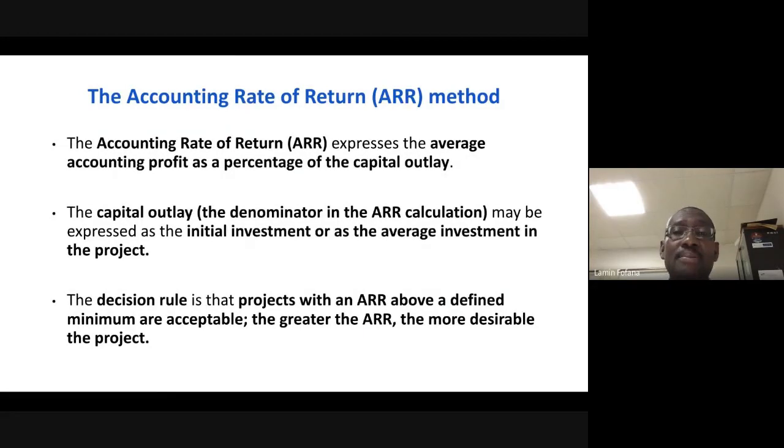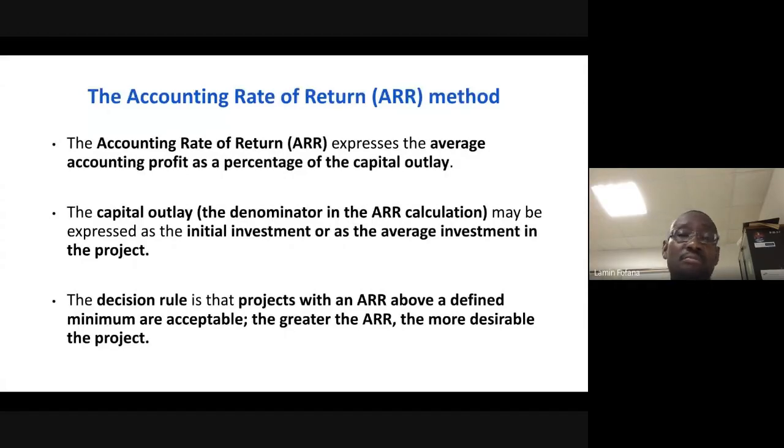We are guided by GAAPs, generally accepted accounting principles, the IASs, the IFRSs, the FRSs in the UK, the IPSAS, that of public accounting, and of course the AAOIFI standards for Islamic financial institutions and so on. So we're guided by all that.